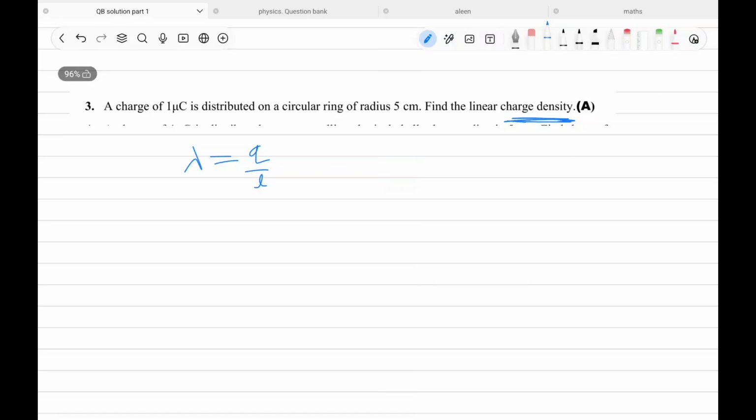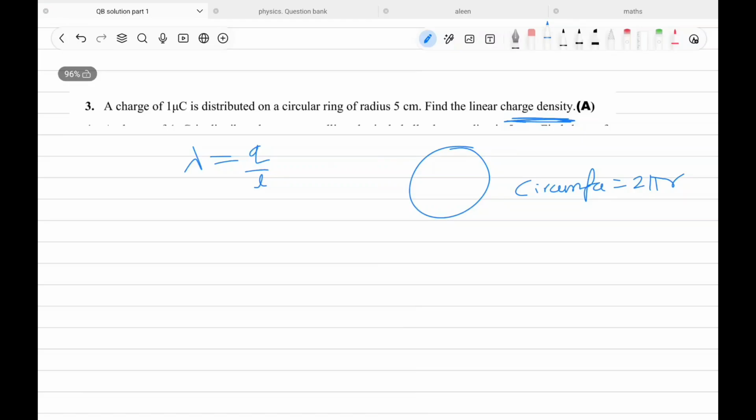Okay, here the circular ring is there. Now the length of the circular ring will be the circumference of the circle. Circumference equation is 2 pi r.